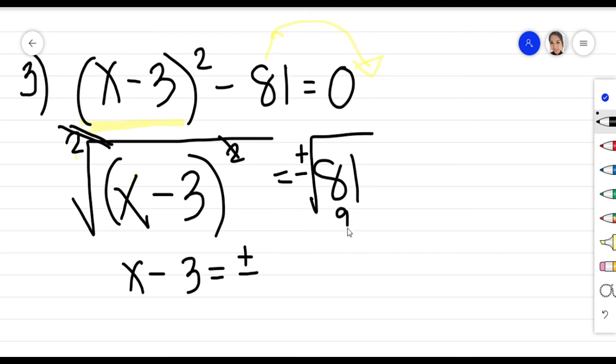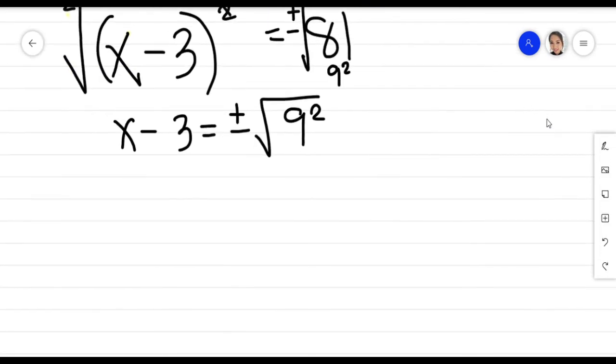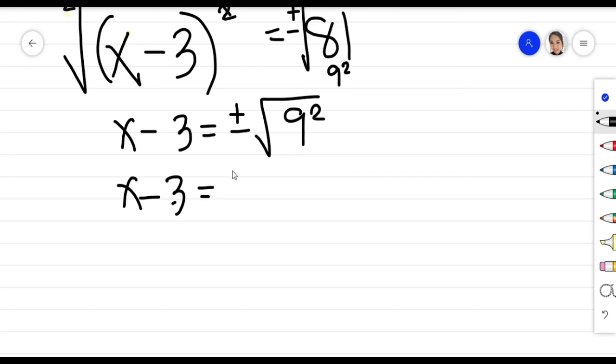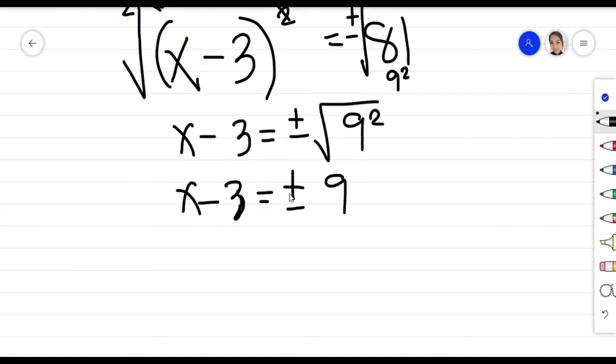So 81 is 9 squared. So positive negative square root of 9 squared. So we know that that is equivalent to x minus 3 equals plus and minus 9.